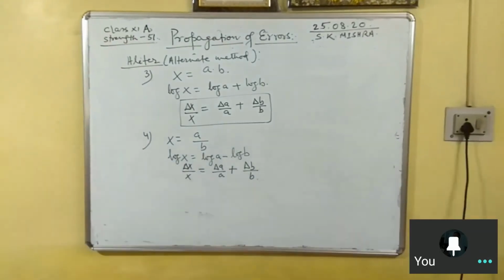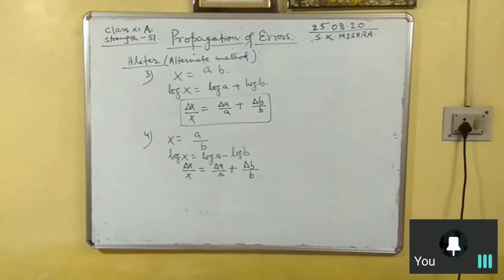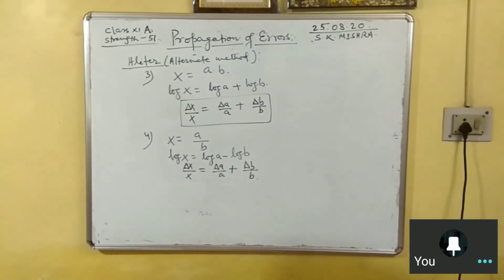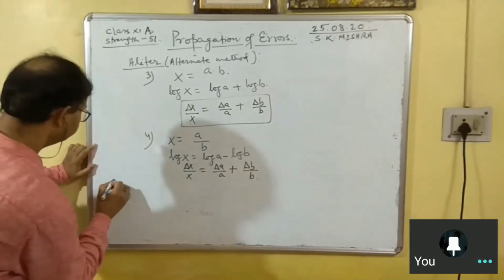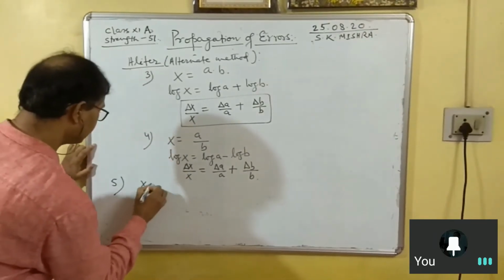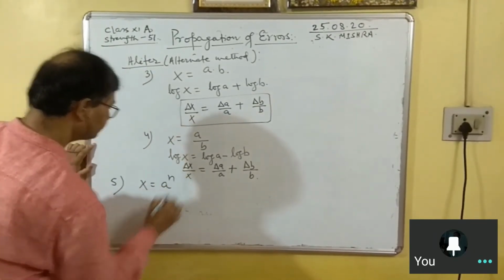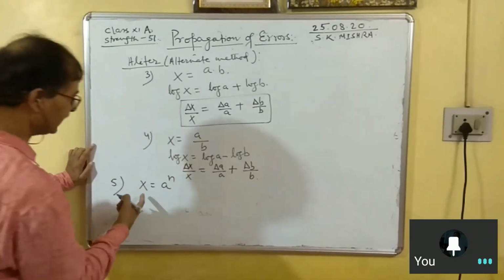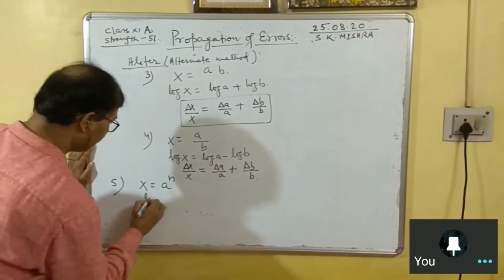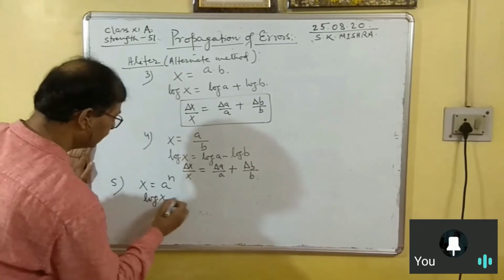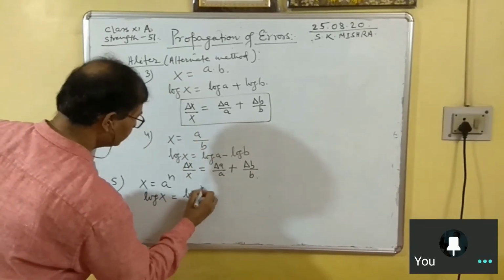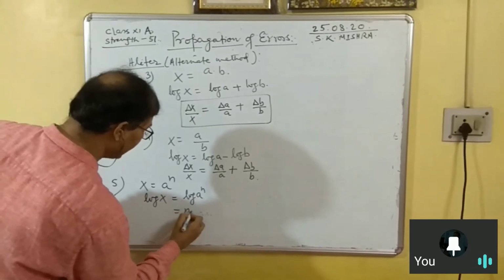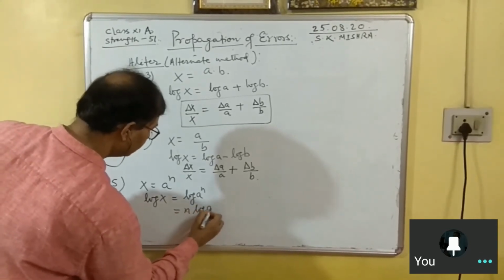Delta X by X is equal to delta A by A plus delta B by B. Now we are dealing with the fifth one: X is equal to A raised to n. Just take the log. Now we are doing it with the help of log only. Log X is equal to log A raised to n. So log A raised to n is nothing but n log A. And then differentiate.